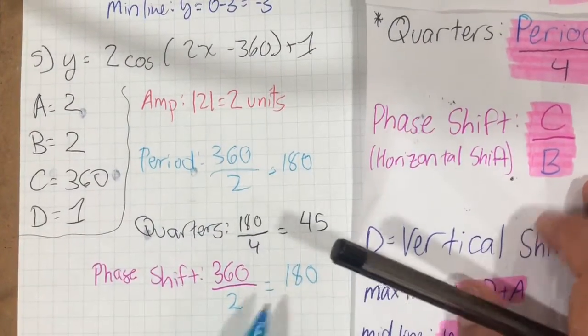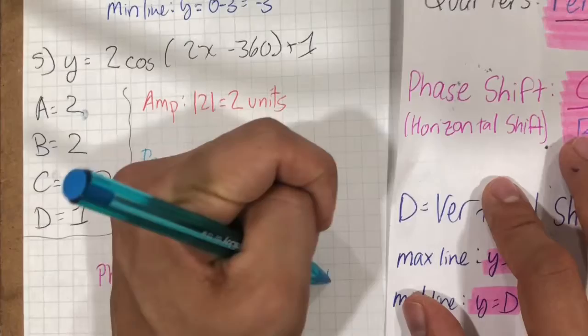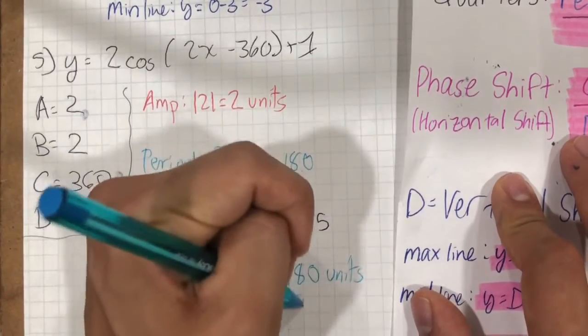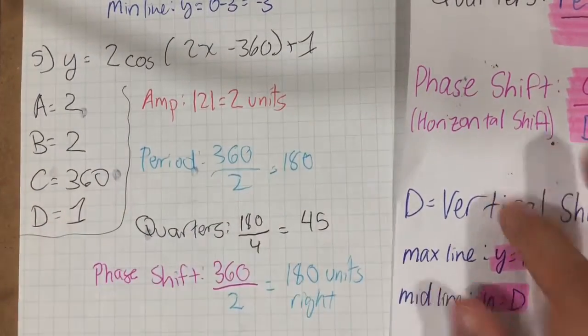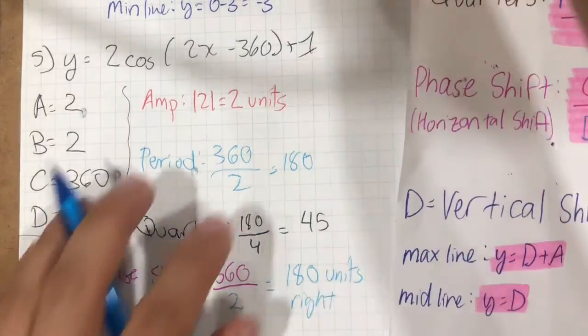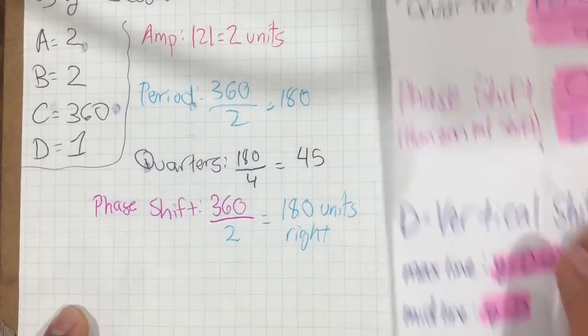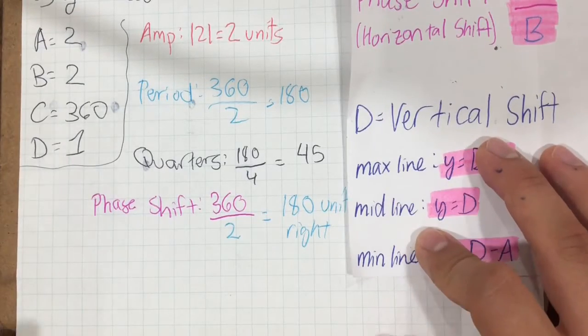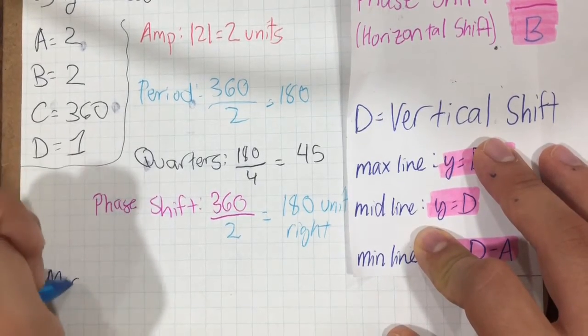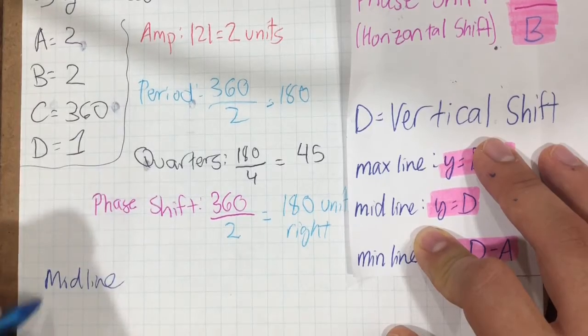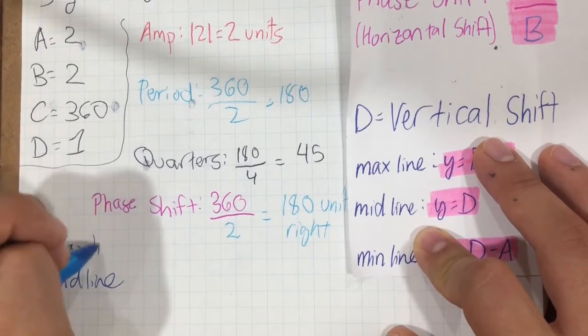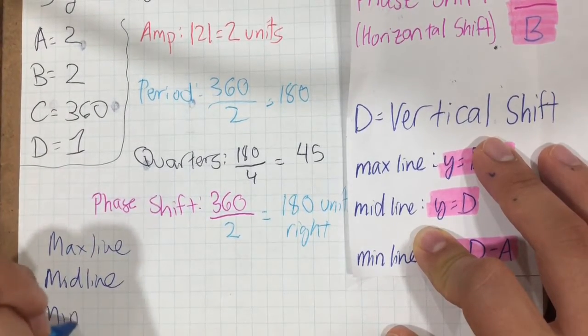And since this is a positive, we're moving 180 units to the right. Then we have the vertical shift, which is plus 1. And with the vertical shift, we're able to get all of our 3 lines: the midline, the max line, and the min line.